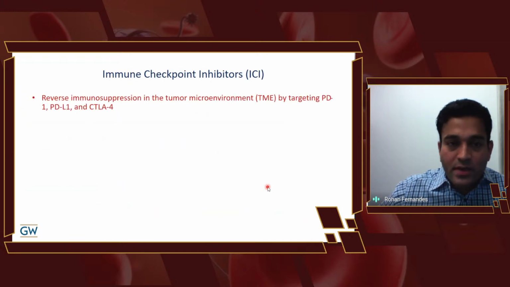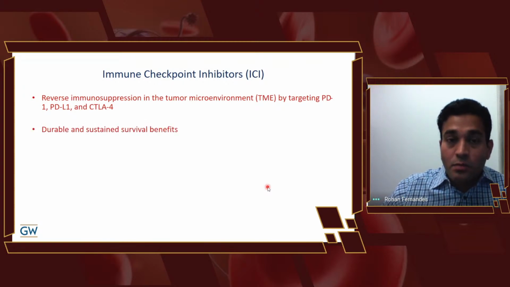So immune checkpoint inhibitors, what is it that they do? They reverse immune suppression in the tumor microenvironment by targeting key immune checkpoints such as PD1, PD-L1, and CTLA4 in the nexus between tumor cells and T cells. By targeting these immune checkpoints and reversing immune suppression, we see durable and sustained survival benefits.